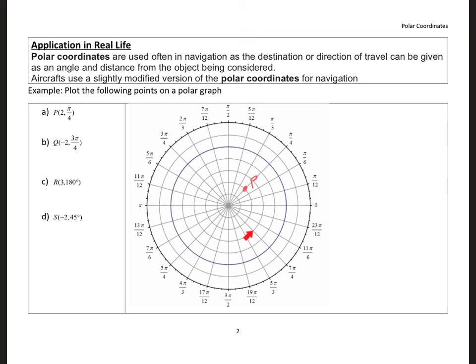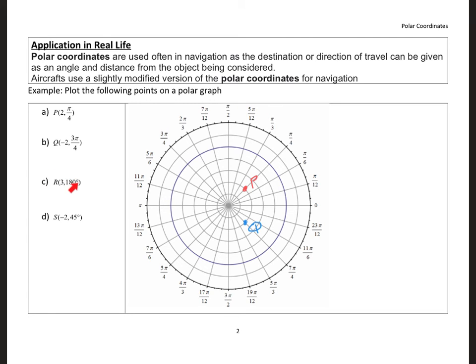I just follow the line, go in the opposite direction. That is how we denote a negative. So I look for 3 pi over 4, and then I go in the opposite direction because that's the negative radius. So that's point Q.